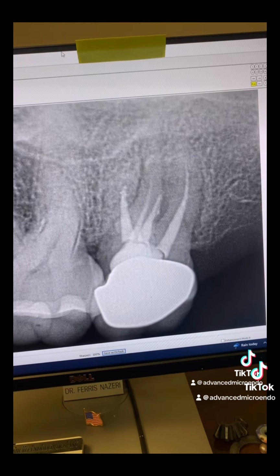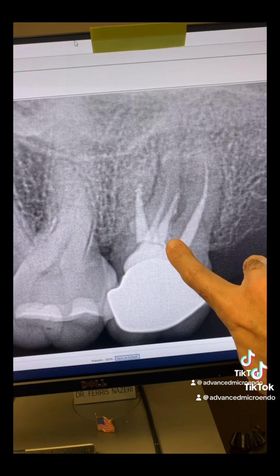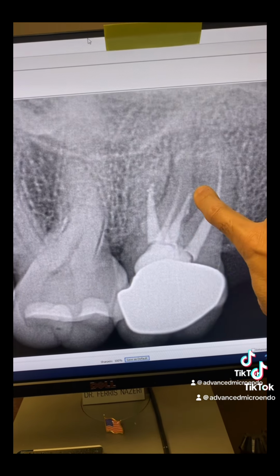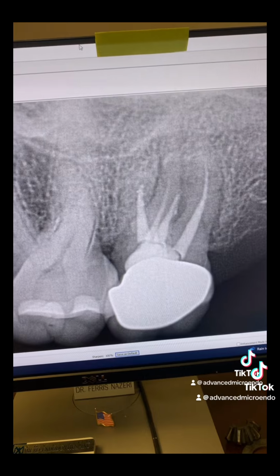Take a look here. So the dentist who did the root canal perforated right out the distal buccal.